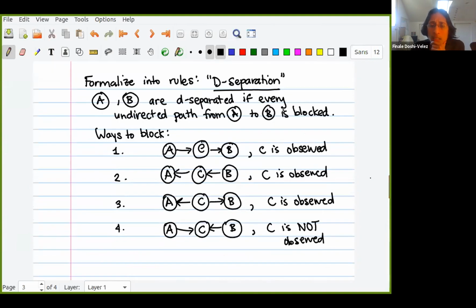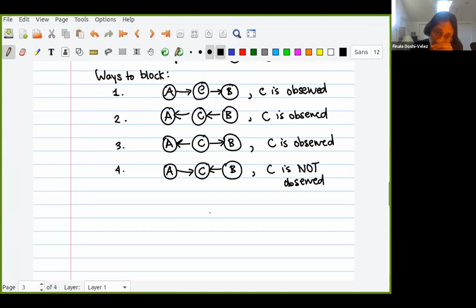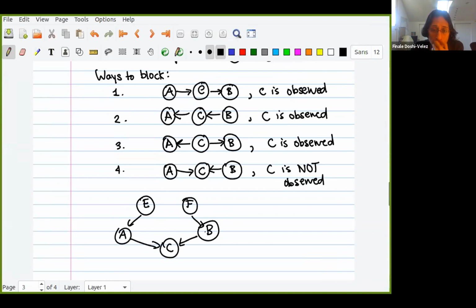I'm going to pause there to see if there are any questions about this. So for the fourth point, A and B, there are no parents for A and B, right? If A and B had some additional parents, so if we have some E going into A and some F going into B, then that would be fine also.